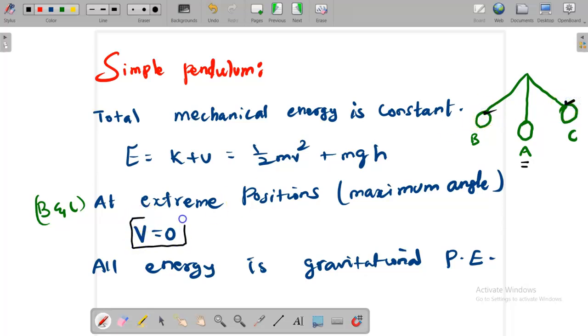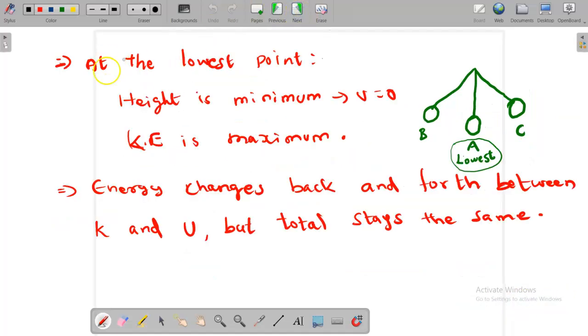speed is 0. It is not moving, it has temporarily stopped. So all the energy is gravitational potential energy. What is the kinetic energy at points B and C? 0. At the lowest point, point A, the height from the ground is minimum.